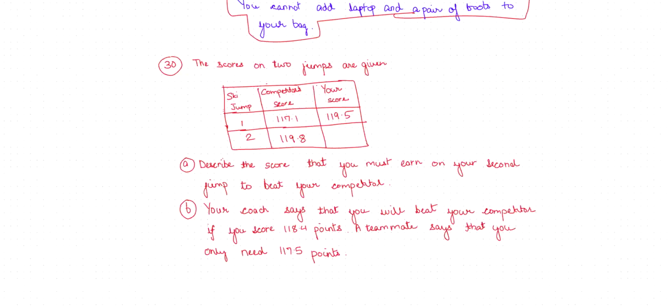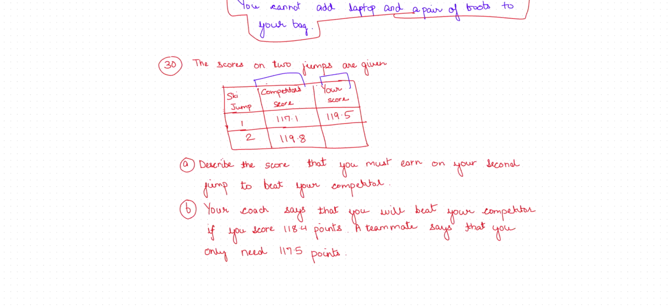This is question 30. The scores on two jumps are given here. This is a competitor's score and this is your score. Describe the score that you must earn on your second jump to beat your competitor.